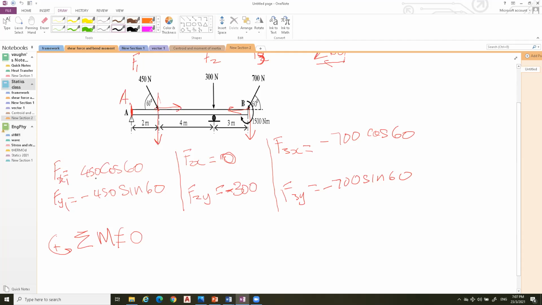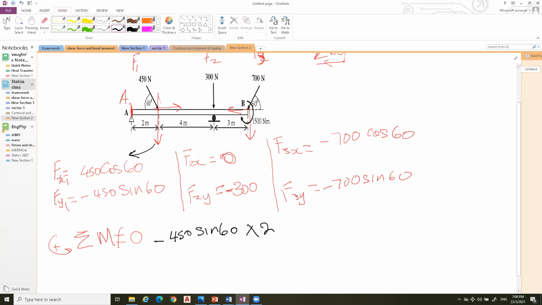So it's going down, and this distance is 2. It's going to tend to turn it that way, which is clockwise. So therefore, it is really a minus. You don't duplicate the signs, please. Just put in the convention, the direction it's going, and then you take the moment. So that's the first one.